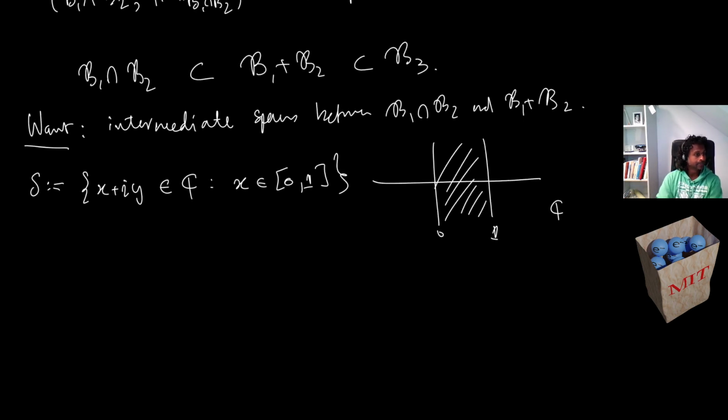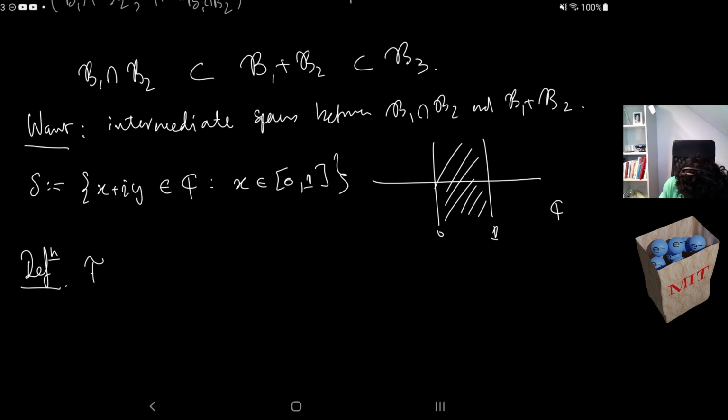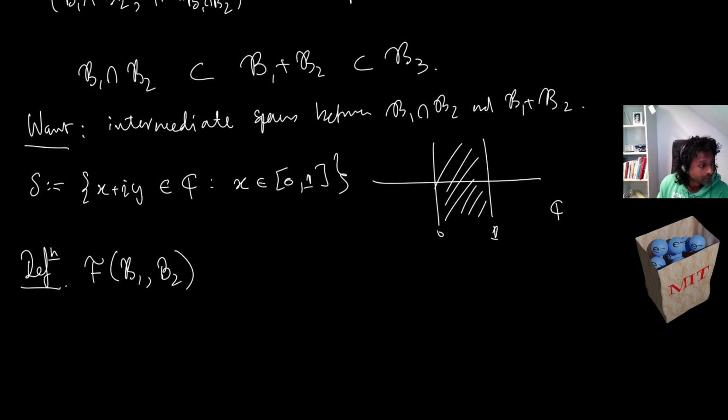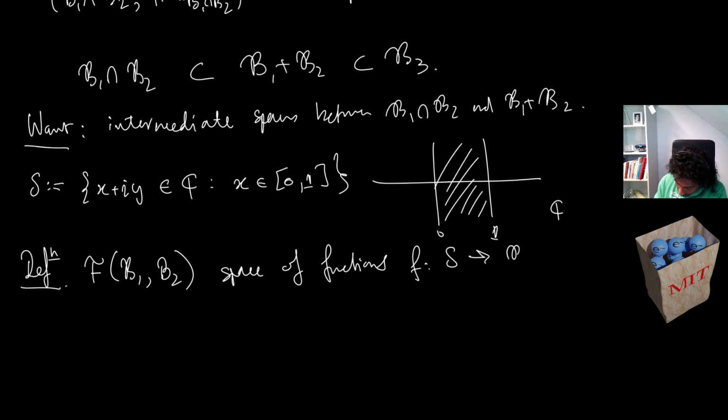Now I'm going to make an important definition. I want to define the space calligraphic F of B1, B2. This is the space of functions f mapping from S into B1 plus B2, satisfying the following.